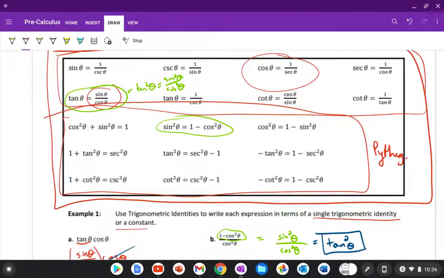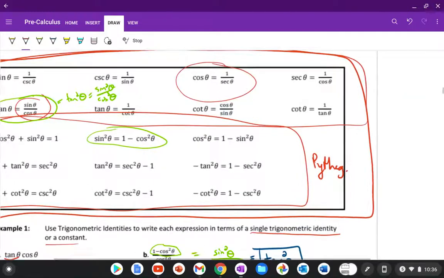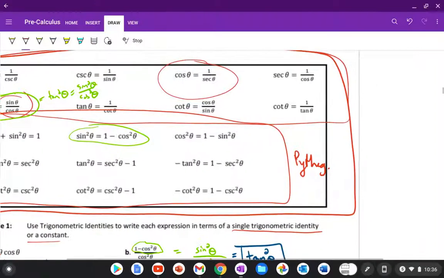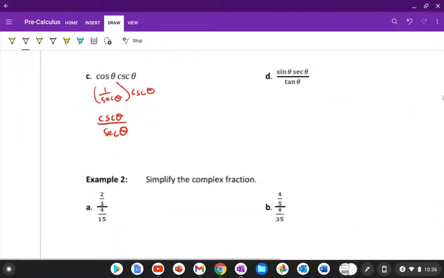Cotangent, which actually we don't have this derivation of cotangent. All right. So I also want to, oh, there it is. Where is it? All right. Yeah, so this one isn't necessarily on here, but I'll show you how it works out. So we would then have to replace cosecant with 1 over sine of theta over 1 over cosine of theta, right?